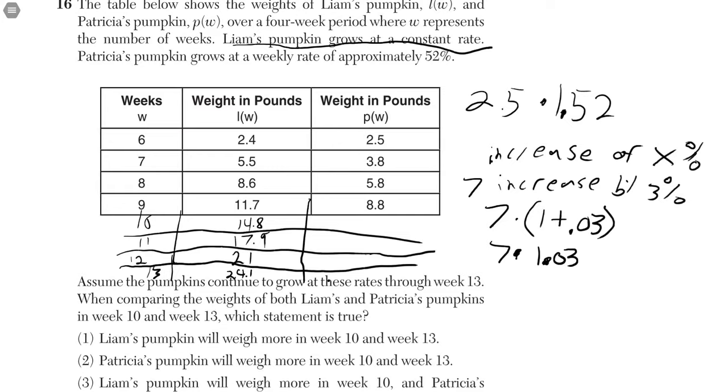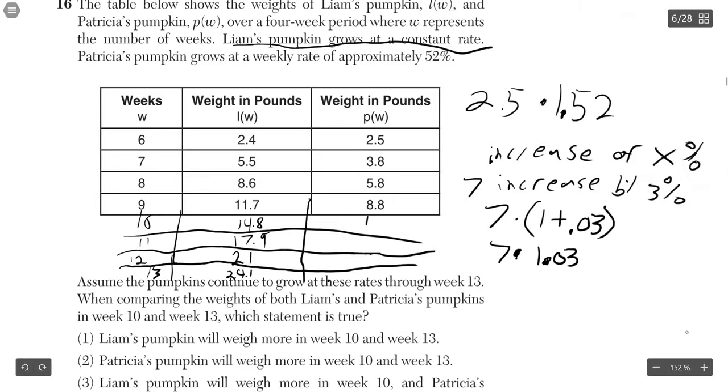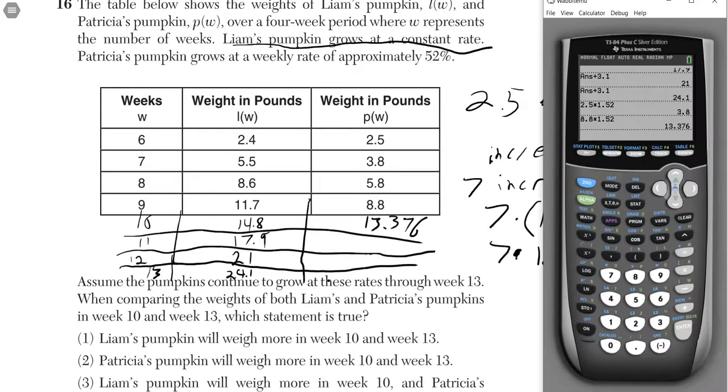8.8. So to find week 10, it's going to be 8.8 times 1.52. That's going to give us 13.376. And the next week, we'll do the same thing, times 1.52. That's 20.3.